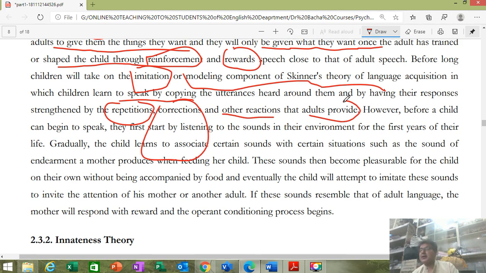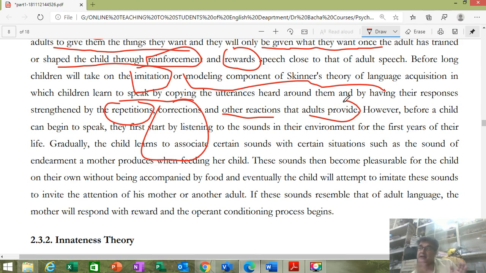What this means, my dear students, in Skinner's theory of language acquisition, is that children mostly rely on copying the utterances which are heard around them from adults or other children.